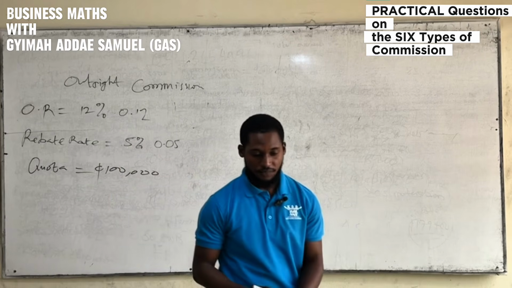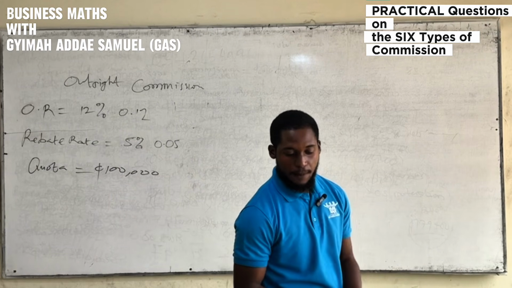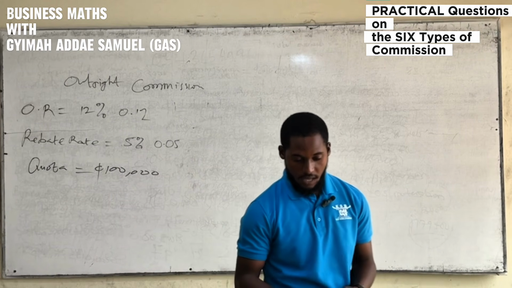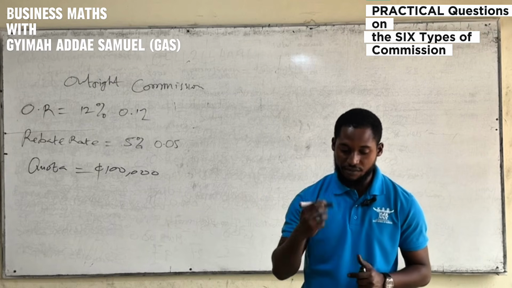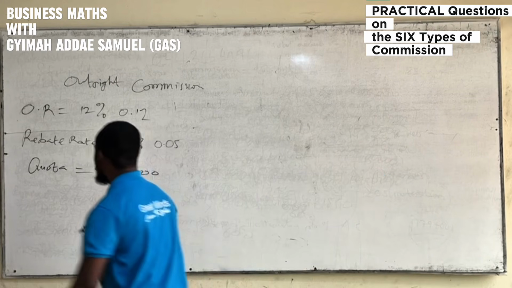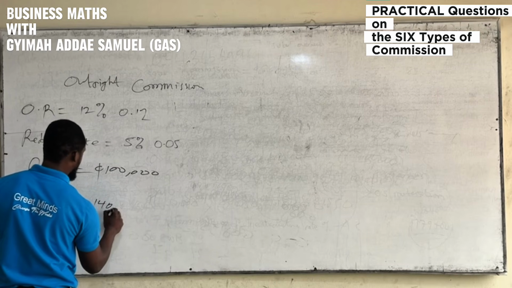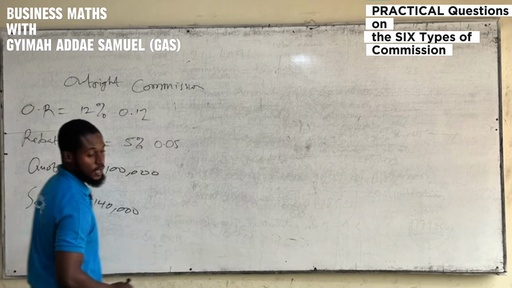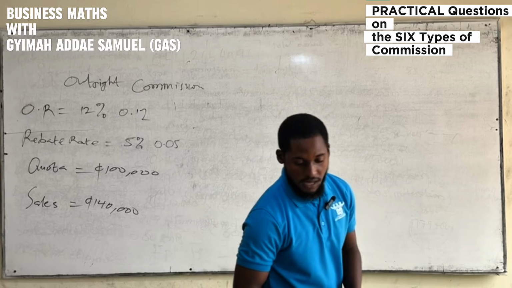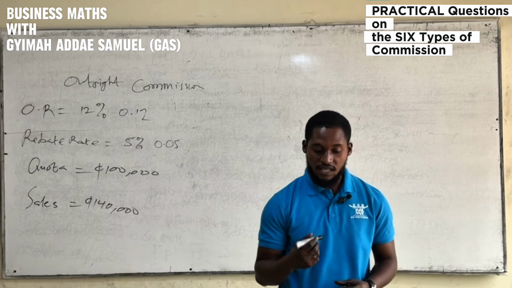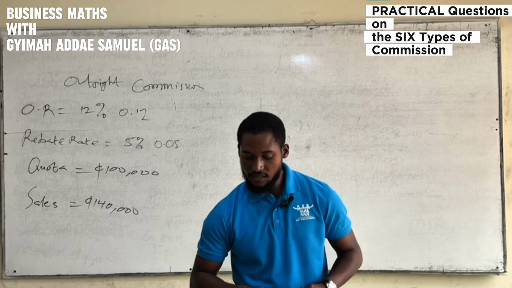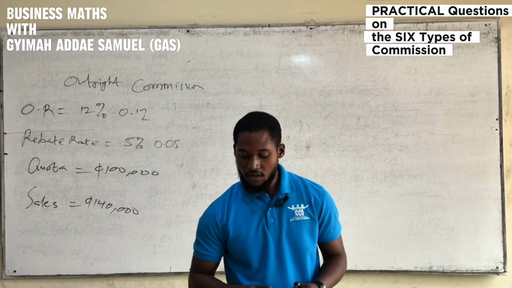A retailer purchased goods worth 140,000, so that is the sales. Calculate the total benefit received by the retailer.